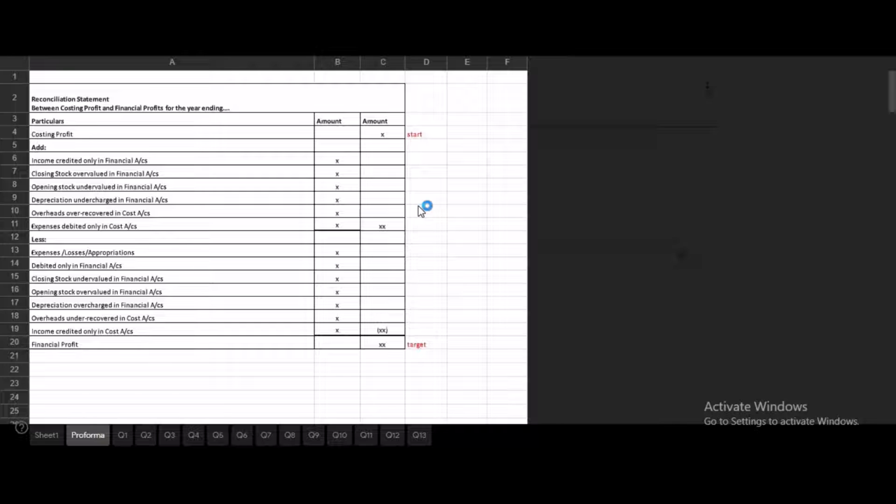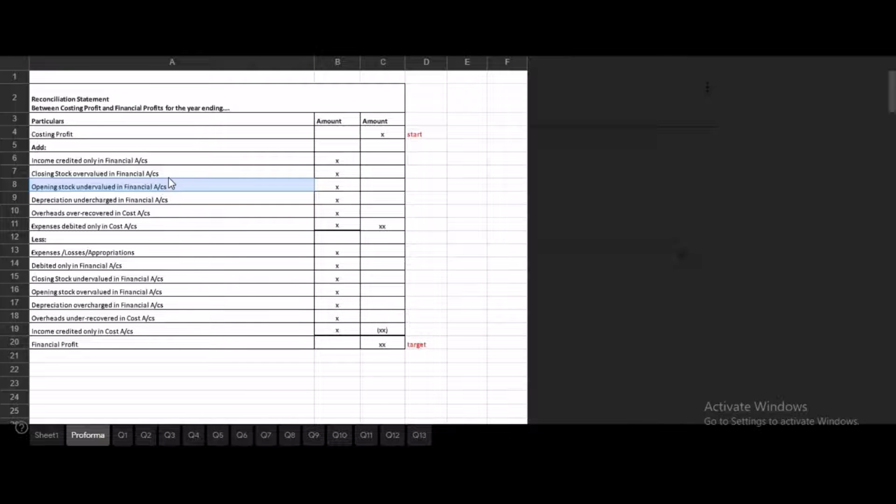So this is a proforma. According to the cost profit given, we have to find the financial profit by finding the add and less items. If the cost profit is given to find the financial profit, we should first add income credited only in financial account, closing stock overvalued in financial accounts, and opening stock undervalued in financial accounting.